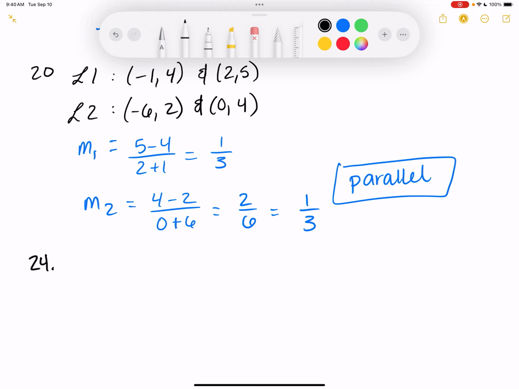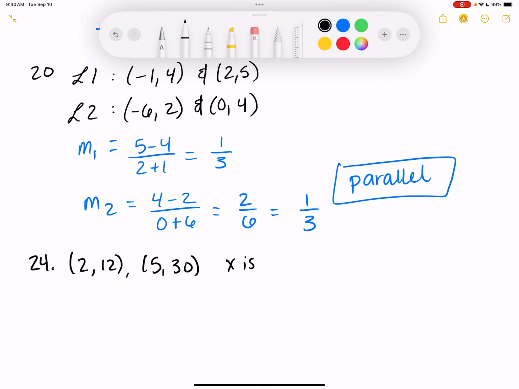All right, 24. Find the average rate of change in y relative to x for the ordered pairs. Include units of measurement in your answer. So we've got the ordered pairs 2, 12 and 5, 30.